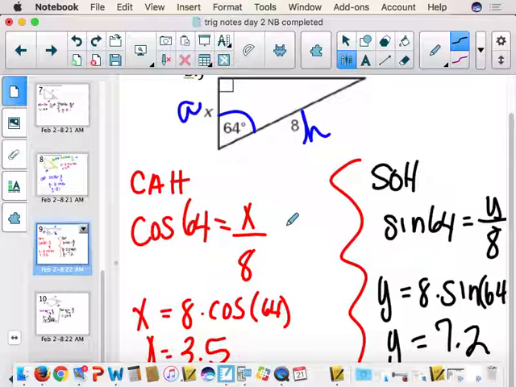The two equations I set up were cosine of 64 equals x over 8. So I multiplied by 8 on both sides, and I got x is 3.5. And for sine, to find y, I have sine of 64 equals y over 8, and I got 7.2.